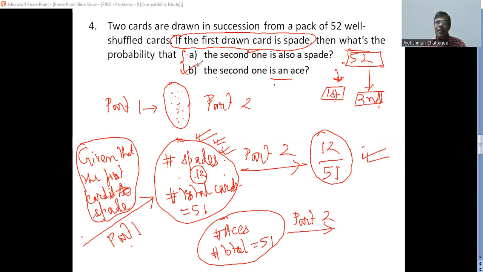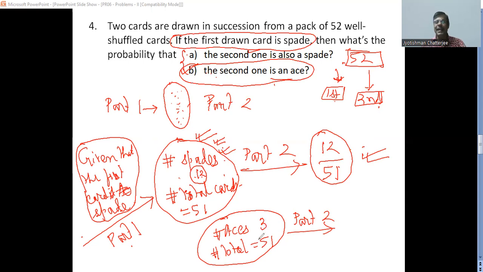Now, come back to this question. Is the same thing true? The answer is no. Because if the first drawn card is ace of spade, then how many aces are we left with? Ace of spade is already gone, so we are left with 3 aces.